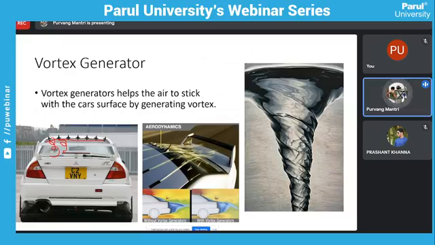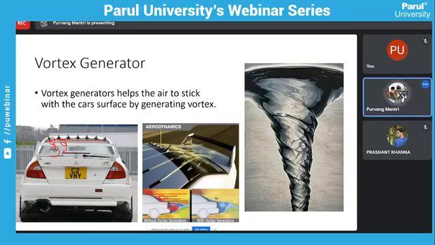From there, the air keeps on moving further, and a low pressure region is generated after the flow separation point. Because of this low pressure region, the high pressure air tends to move further behind and wants to get mixed up with the low pressure air. And this in turn adds to the drag of the vehicle from behind.